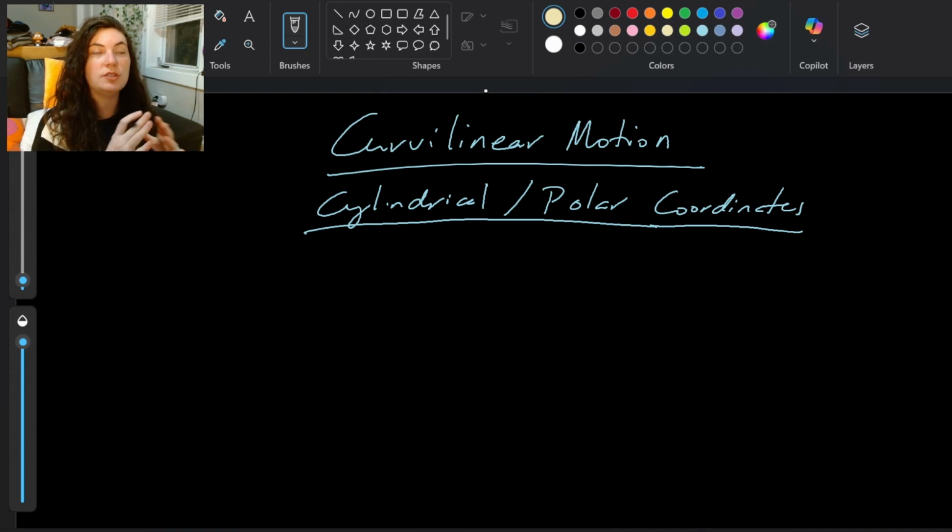We're not going to use it a ton in this class, so this is just a brief overview with an example of how we use these cylindrical components and when we might want to use them.